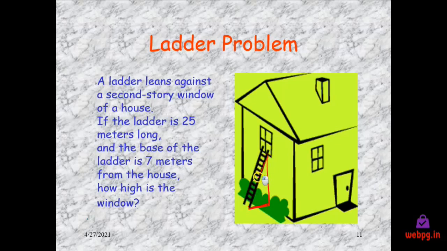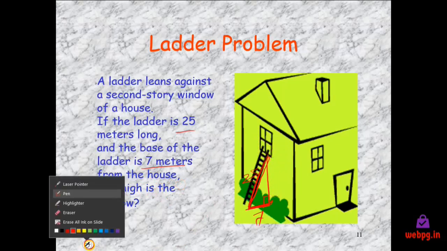Now if we consider this as the ladder's length, then this is a right angle, 90 degrees. If the ladder is 25 meters and the base of the ladder is 7 meters from the house, how high is the window?